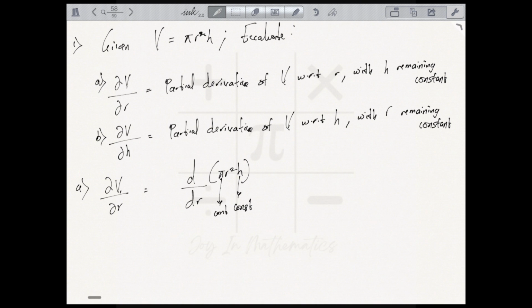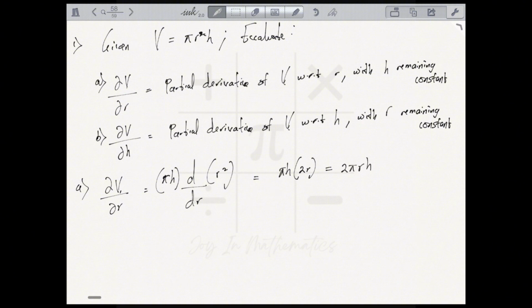So instead of writing this, we can treat them as a constant. So we will write it as pi h just multiplying r squared. So this would give us pi h multiplied by 2r, which is equal to 2 pi r h.